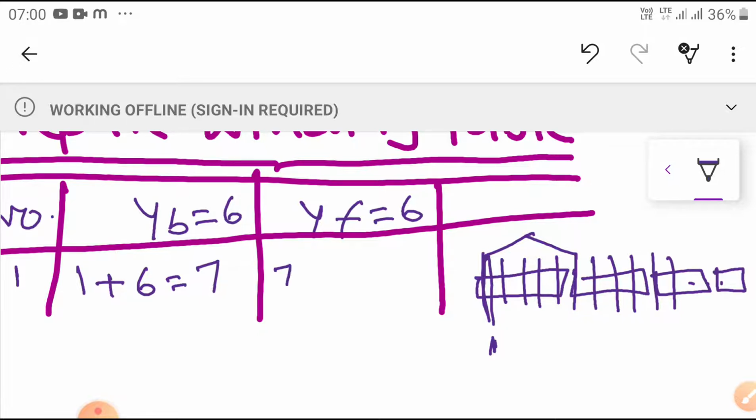Now 7 plus 6, because of wave winding, the 11th conductor, sorry, 13th conductor, I am going to connect in another pole pitch.